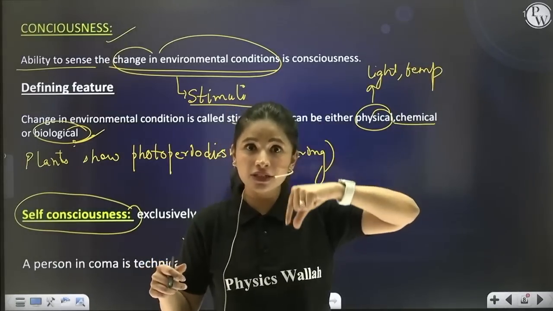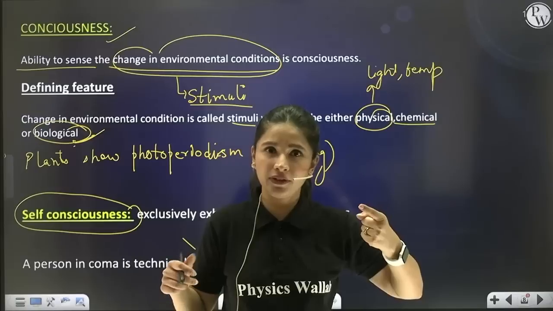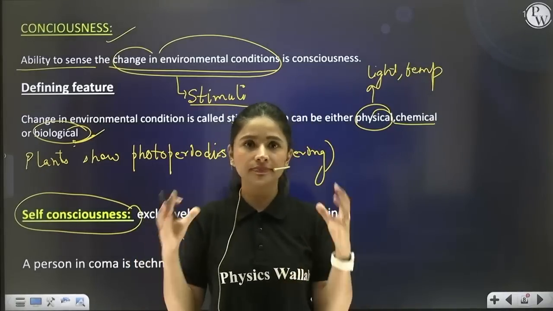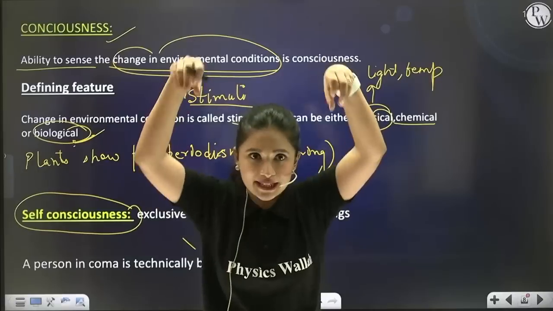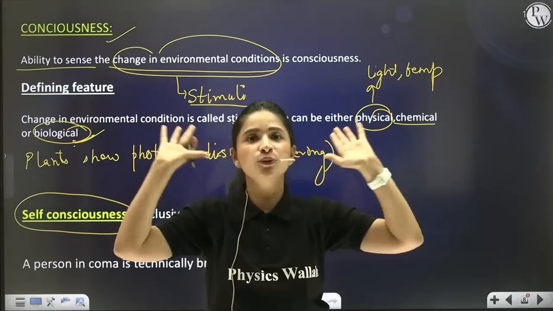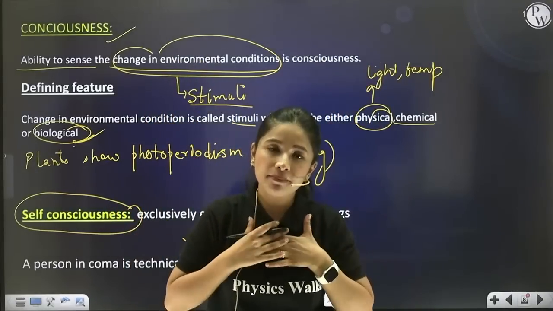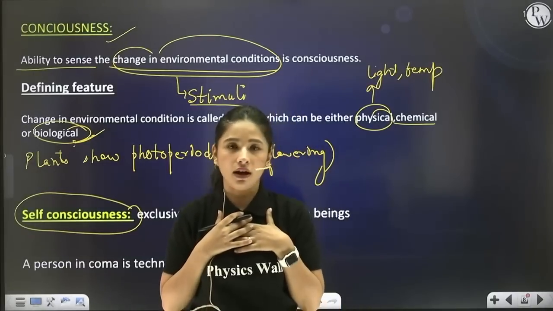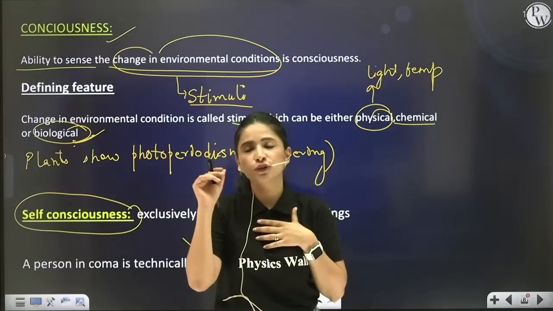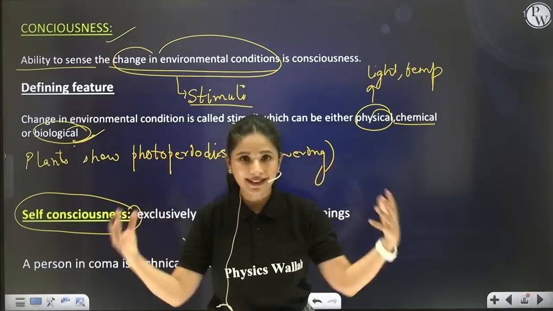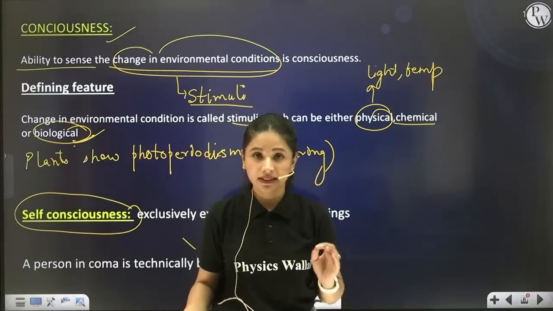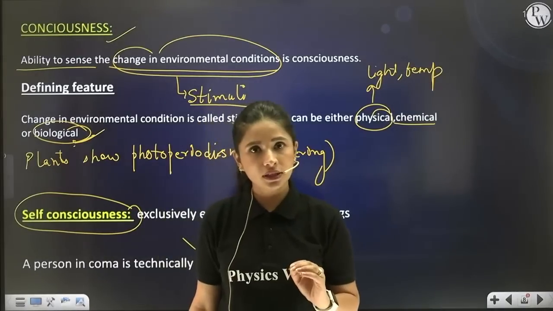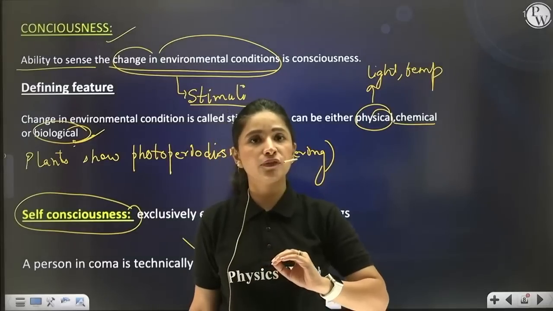So this inner soul, this self-consciousness behavior, this ability to sense between good and bad, is only bestowed by God to human beings. सिर्फ हमारे पास ये power है. And that is why we are the most powerful organism on this earth.